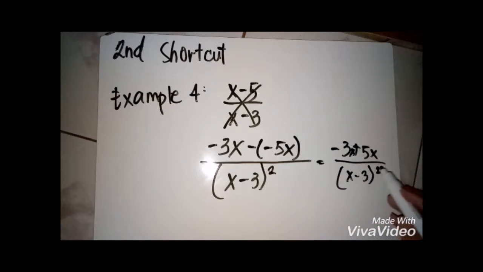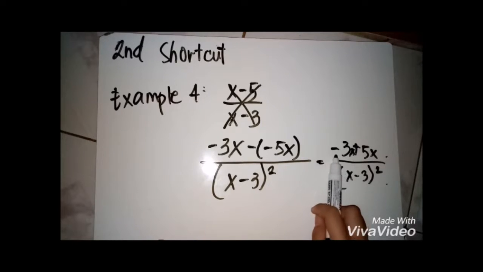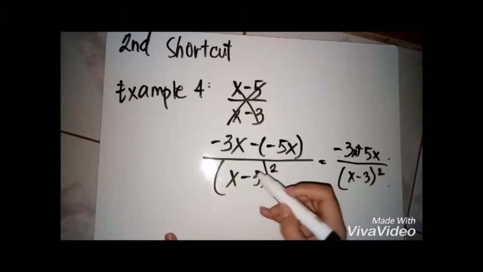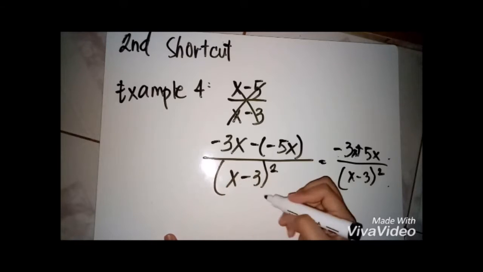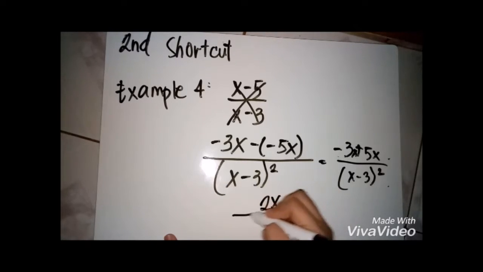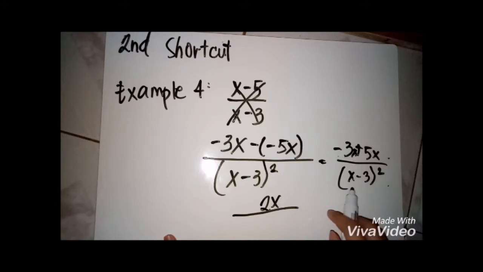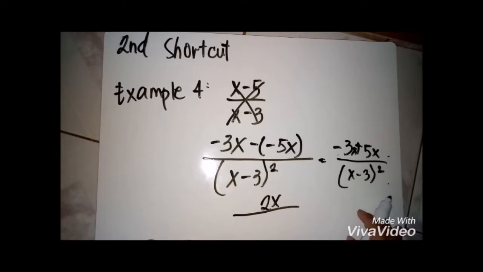So we just simplify the numerator and the denominator. So negative 3x plus 5x, we have 2x. And then we just square the quantity x minus 3. The shortcut in squaring a binomial will be like this. First, the first term will be the square of the first term. So x raised to 2 will be x squared.